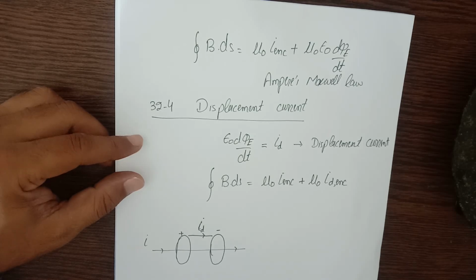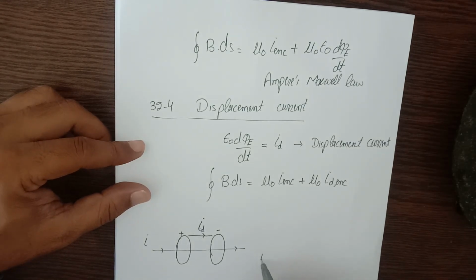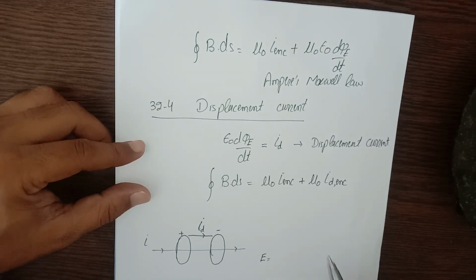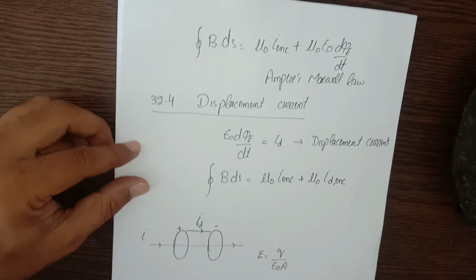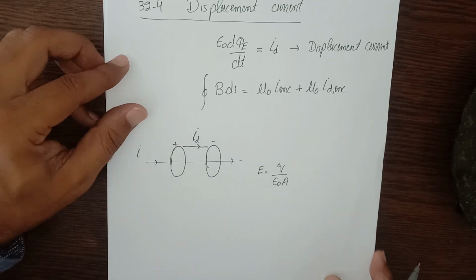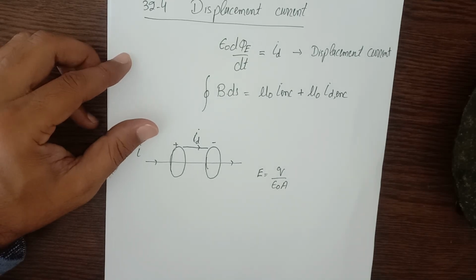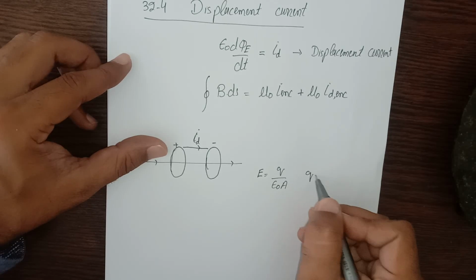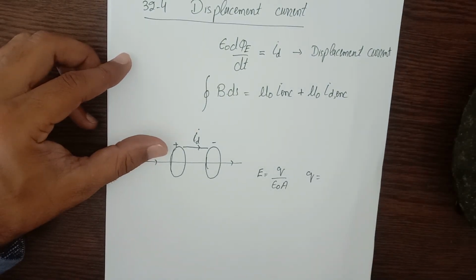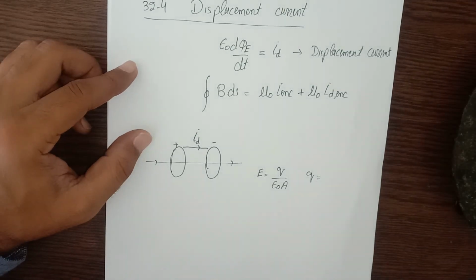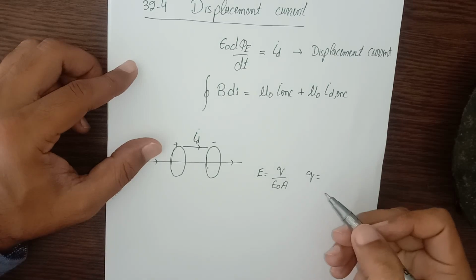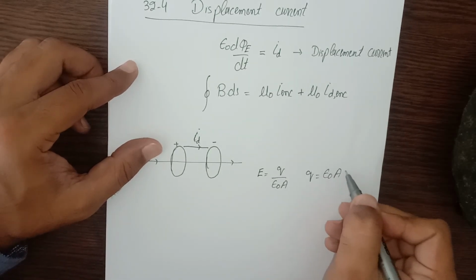Now we know that the electric field due to capacitors is Q over epsilon naught A, that you can find in the electrostatics portion, electric field due to parallel plates, and Q in this case would be equal to epsilon naught times AE.